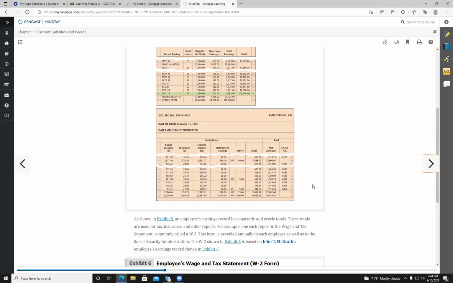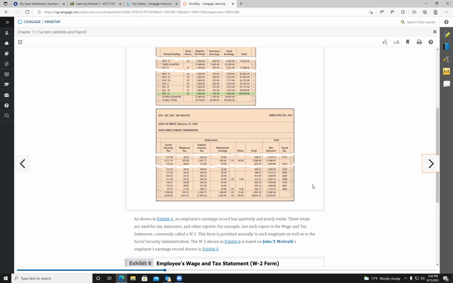And that's really important because we take that to the accountant, whether it's H&R Block or TurboTax, whatever you use. That W-2 is what helps us determine if we're going to owe any income taxes or if we're going to get a big giant refund.